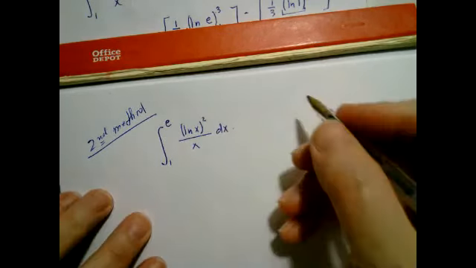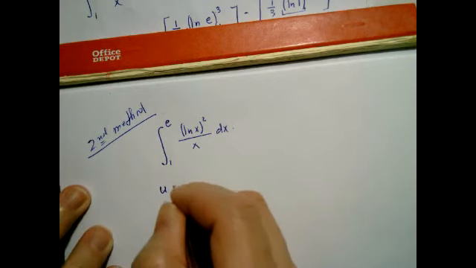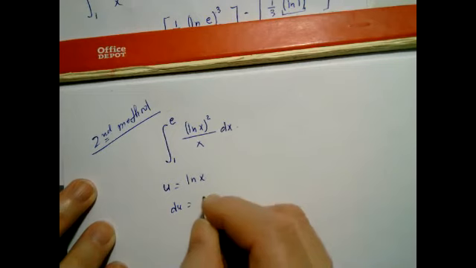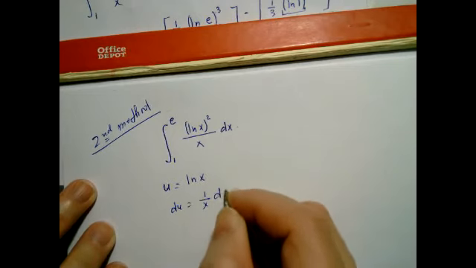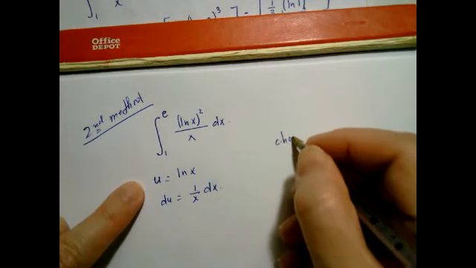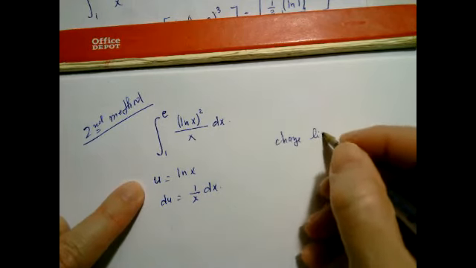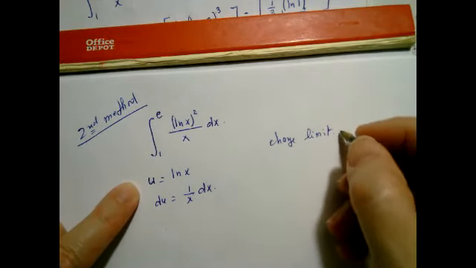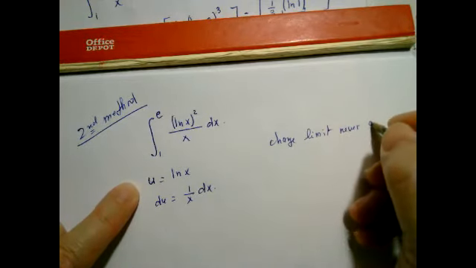So the second approach is we do the u the same, nothing changed. The du is the same. Okay. The only thing is that I'm going to change limit. And then I'm going to create a new definite integral with a new limit. So change limit and never go back to x.